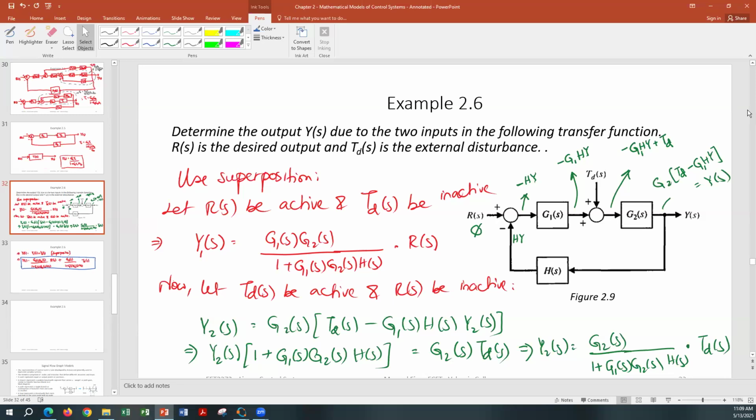If you have a third input, which would be an error signal internal to the system, then you're going to do the same thing. You're going to deactivate R(s) and TD(s) and keep only the error signal active. And then you will write down Y(s) in terms of the error signal. That's going to be the third input. So your complete Y(s) expression is going to be three parts: due to R(s), due to TD(s), and due to E(s).